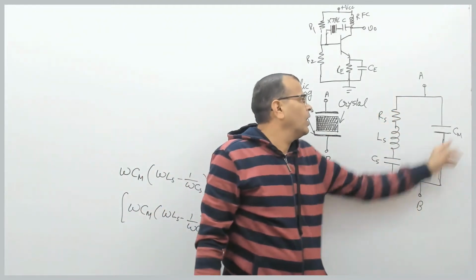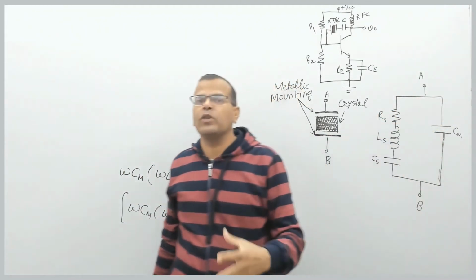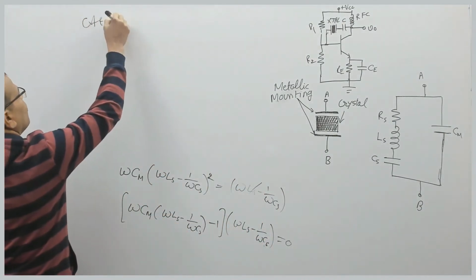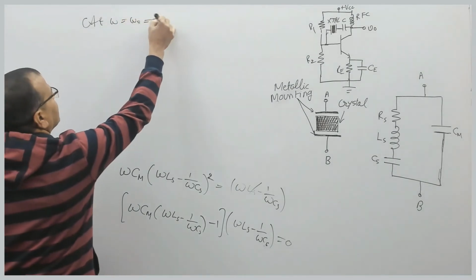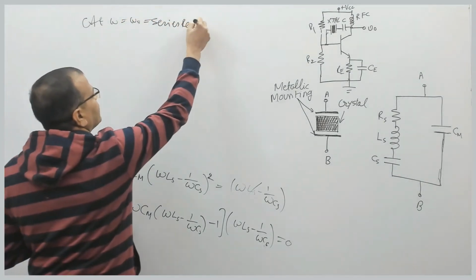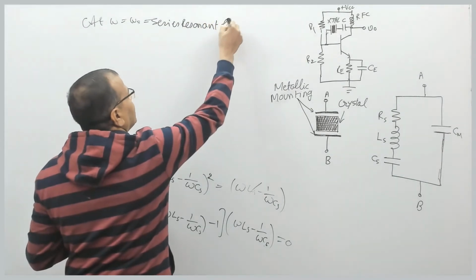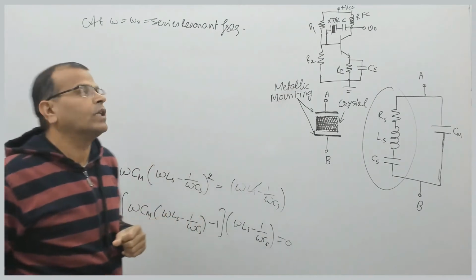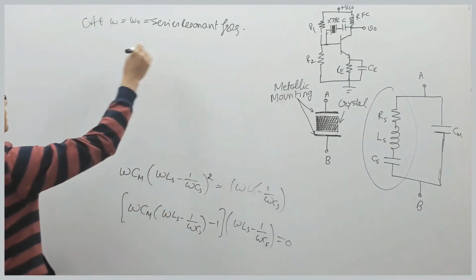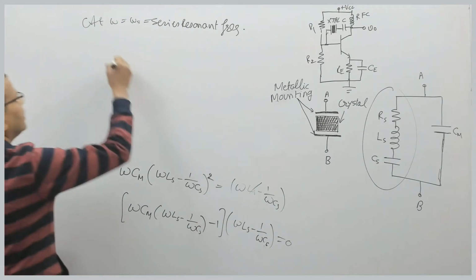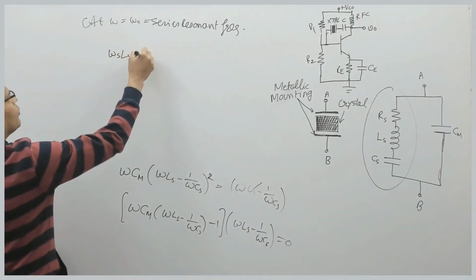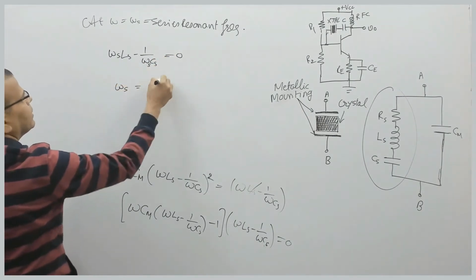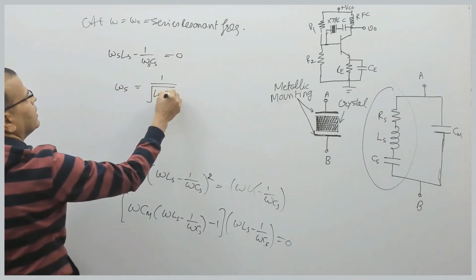Second is this: when the complete circuit is in resonance, that is called parallel resonance. So at omega equal to omega s, that is nothing but the series resonant frequency. What is that series resonant frequency? That is the frequency at which this part of the circuit is in resonance. So at omega equal to omega s, we have omega s Ls minus 1 by omega s Cs equal to 0, which gives omega s equal to 1 by root Ls Cs.